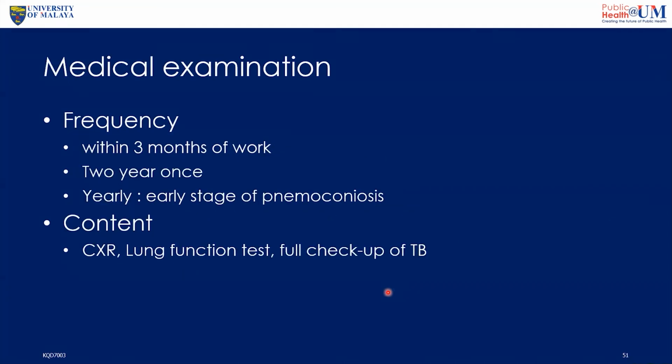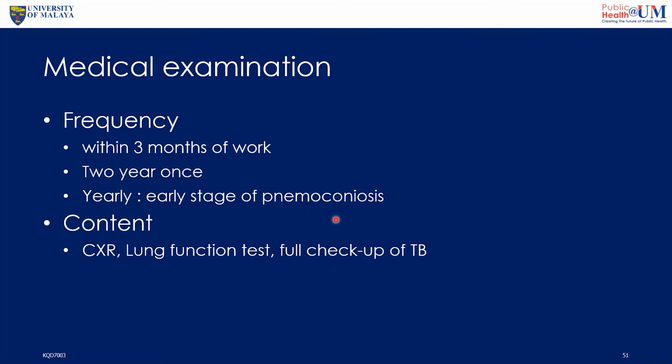All right, so medical examination, they have also stated within 3 months, 2-year ones, yearly, and early stages of pneumoconiosis. All right, so pneumoconiosis basically is the changes in the lungs due to exposure to certain external substances, like silica that can cause pneumoconiosis.